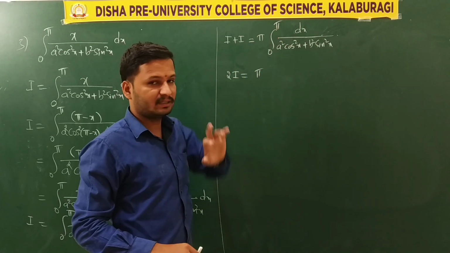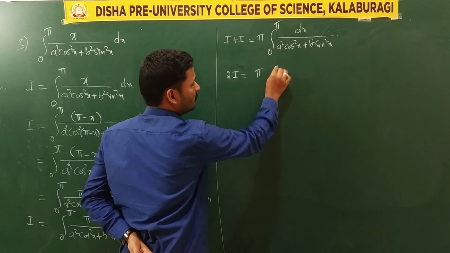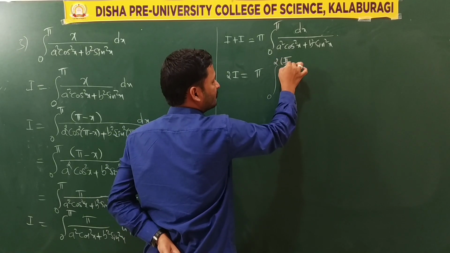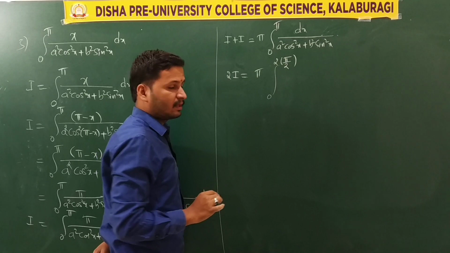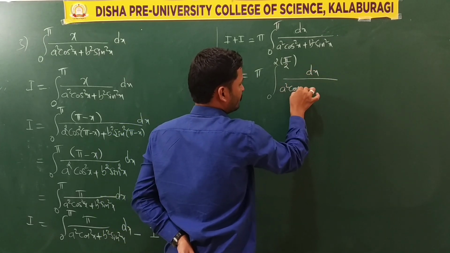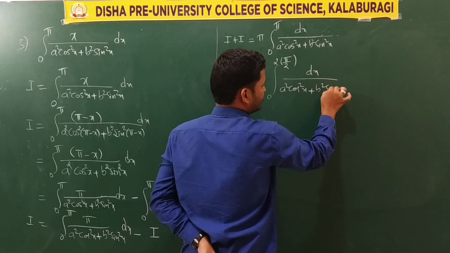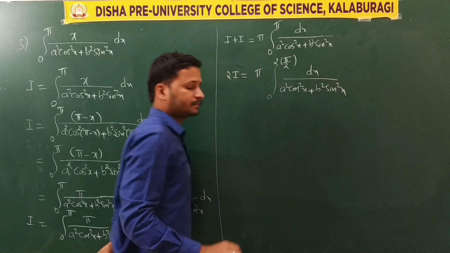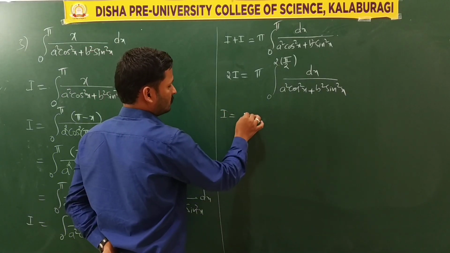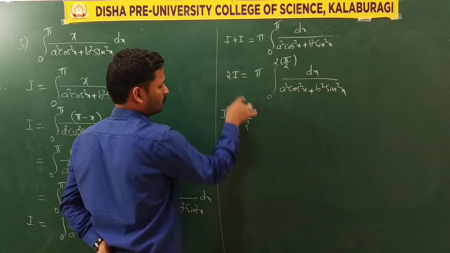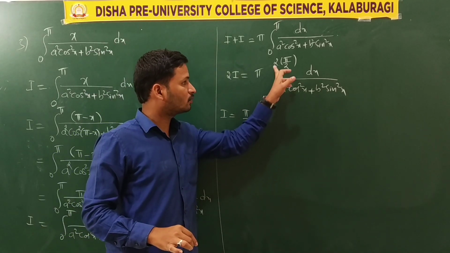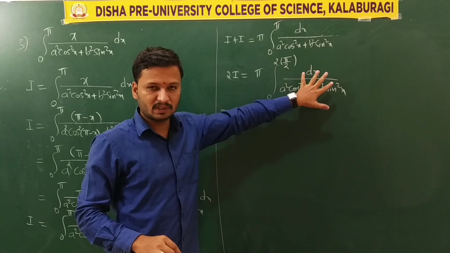So how can we write this integral from 0 to pi? It can be written as 2 times the integral from 0 to pi by 2 of dx divided by a square cos square x plus b square sin square x. Since we have 2I, I is equal to pi by 2 times this. Now this looks like an integration from 0 to 2a of f of x into dx.